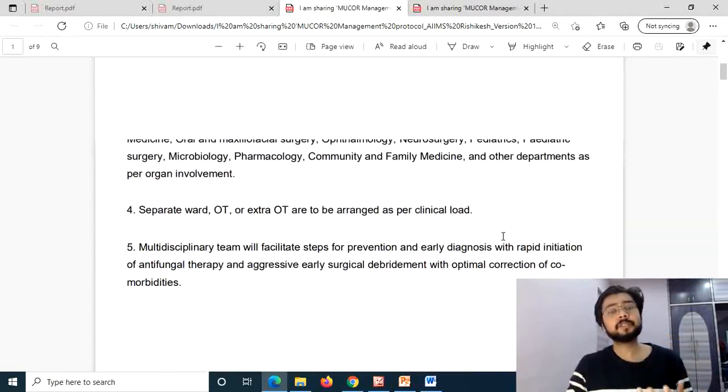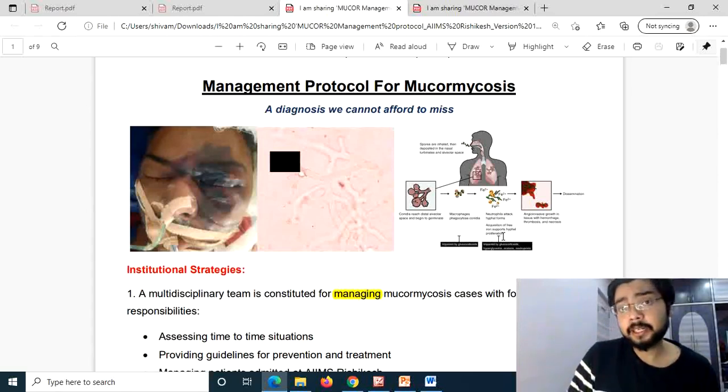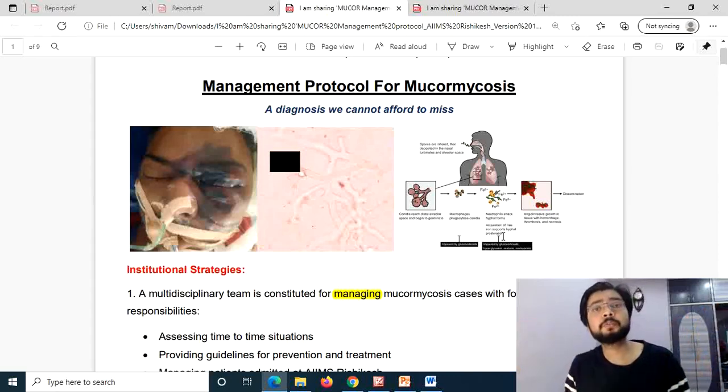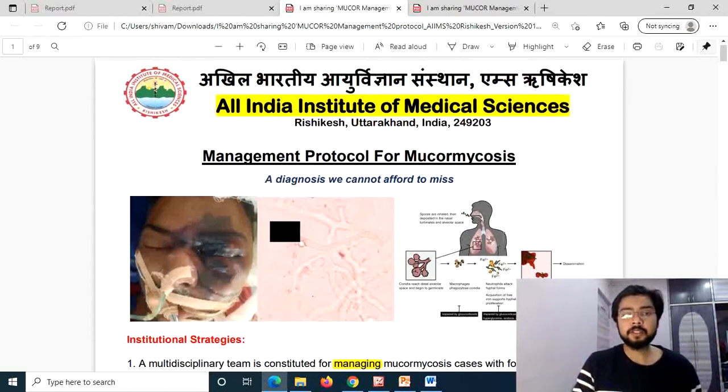So there are two subsets of patients in COVID-19 that are getting mucormycosis. One which are still COVID positive, and one who have recovered from COVID-19 and then got this mucormycosis, right?